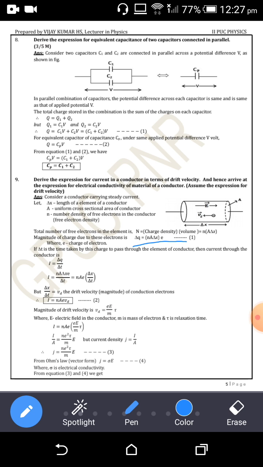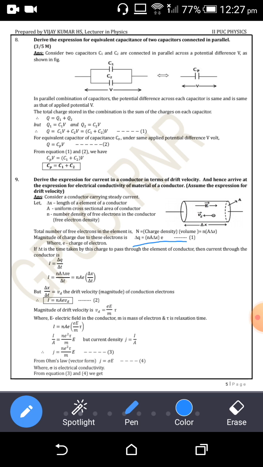Okay, so now let us substitute this value of vd in equation 2, where E is the electric field in the conductor, m is the mass of the electron, and tau is the relaxation time. So I is equal to nAe into eE divided by m into tau.